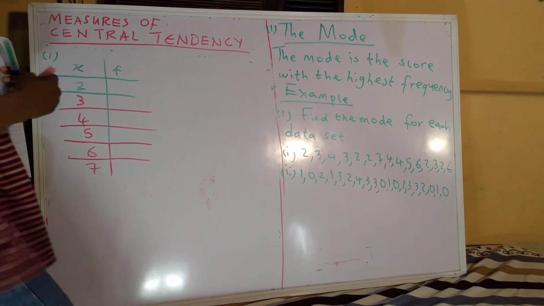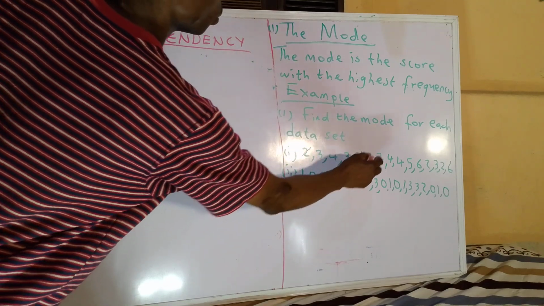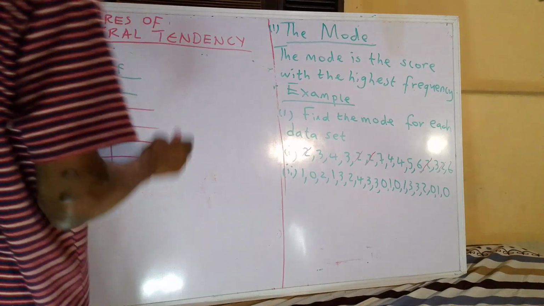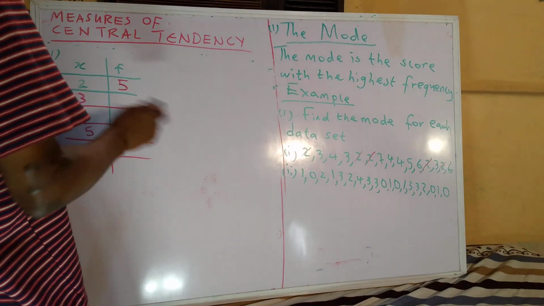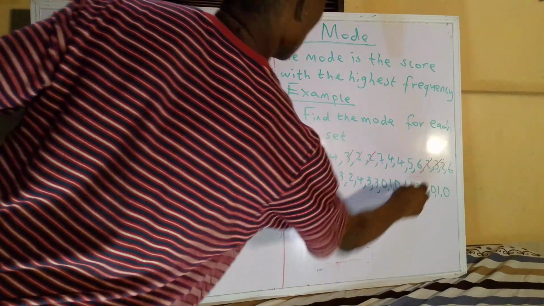So I'll now count, cancelling as I count. For 2, how many times did it appear? 1, 2, 3, 4, 5. It appeared 5 times. I write 5. 3, how many times did it appear? 1, 2, 3. It appeared 3 times.